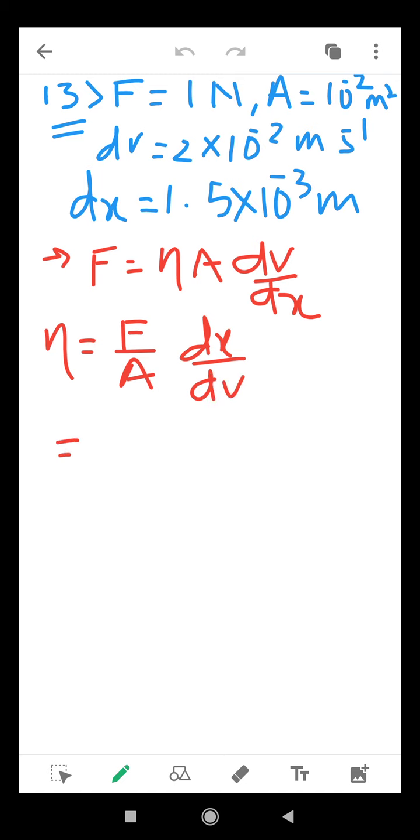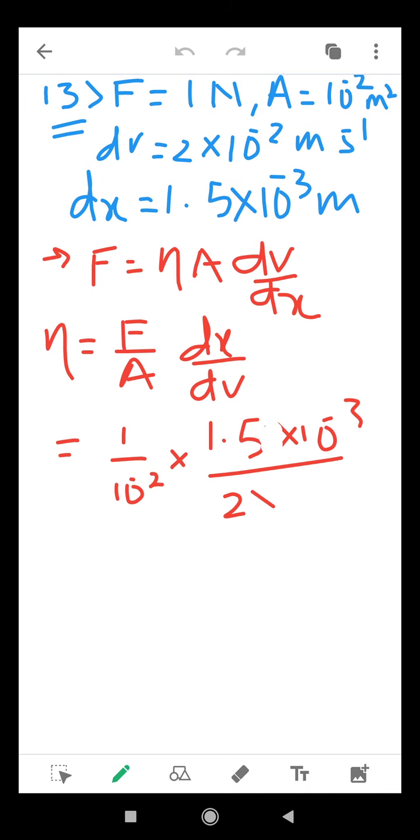Put the values. F is 1, A is 10 to the power minus 2, dx is 1.5 into 10 to the power minus 3, and upon dv is 2 into 10 to the power minus 2.